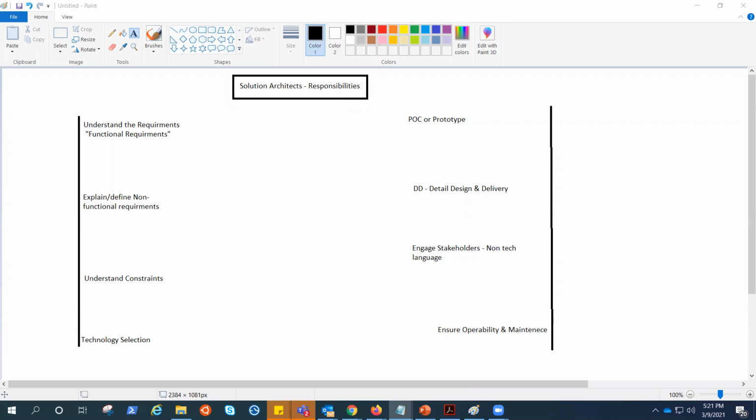To handle the increasing user base and product utilization, a solution architect should know how to scale the product to meet demands and ensure high availability without impacting the user experience. So see what I just did there, and these are all the responsibilities of solution architects. It may vary as per the organization, but in a nutshell, this is what a solution architect is supposed to do.